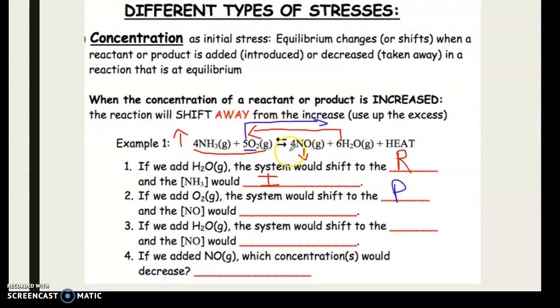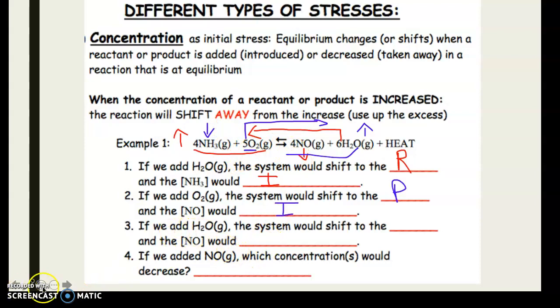And because NO is where we're shifting towards, the concentration of NO is going to increase, and so would H2O. Everything on this side will increase, but anything on this side, which is basically NH3, is going to decrease. Just pay attention to the colors.